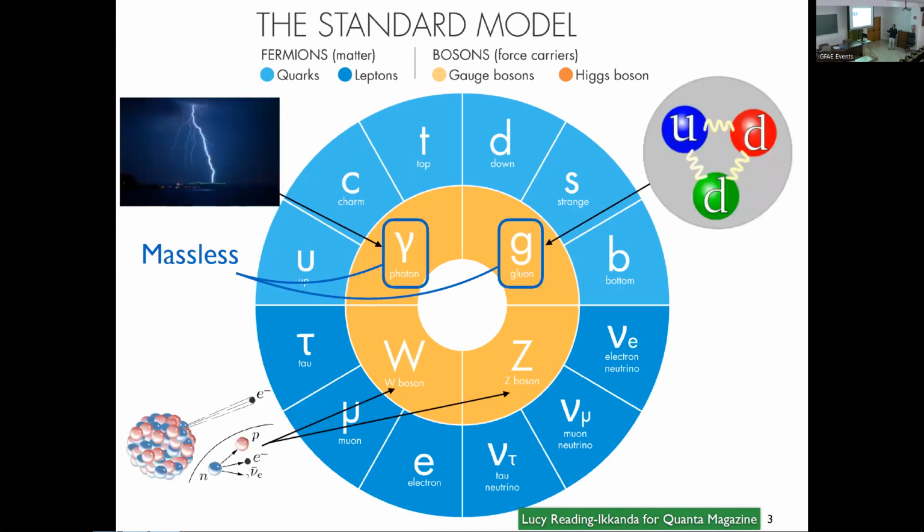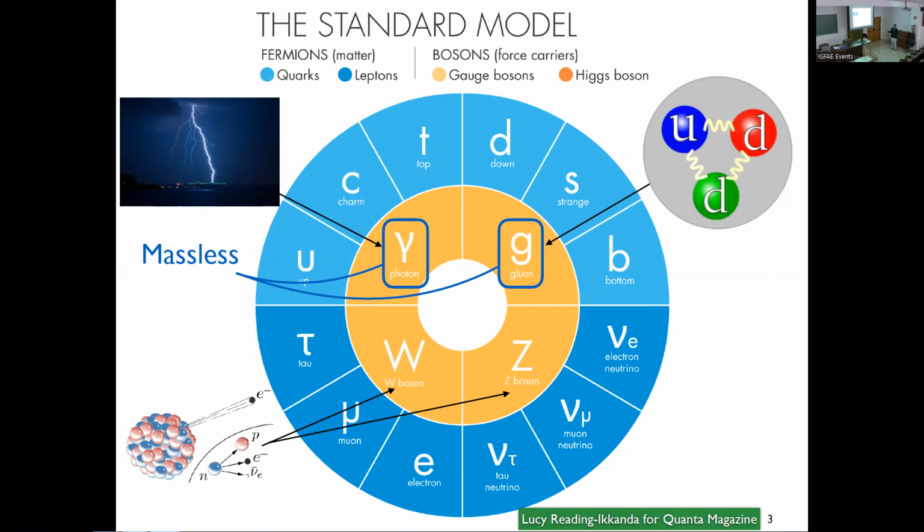Famously, the photon is the carrier of the electromagnetic force, the gluon carries the strong force that keeps together the nuclei, and the W and Z bosons carry the weak force and are responsible, among other things, for the decay of elementary particles.